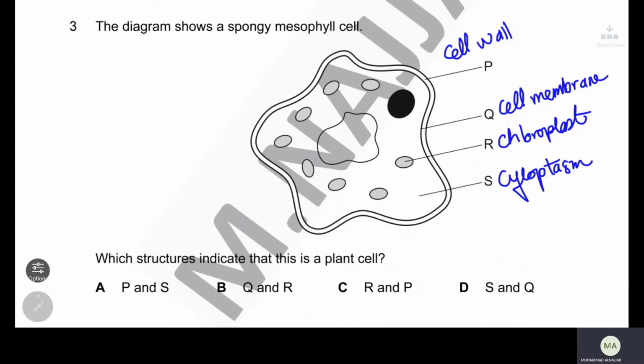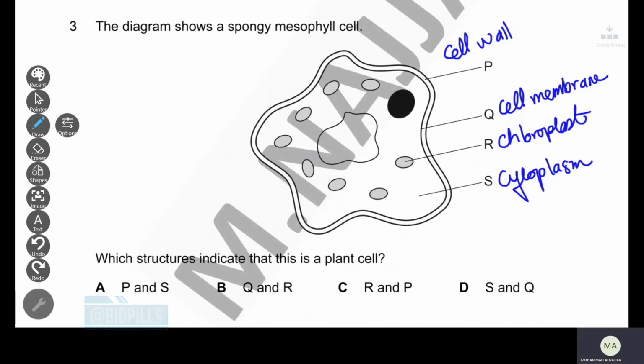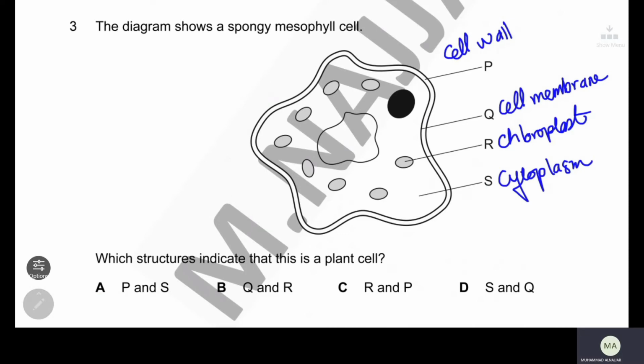Which structures indicate that this is a plant cell? The cell wall characterizes plant cells. The cell membrane is found in both animal and plant cells, so it does not characterize plant cells only.